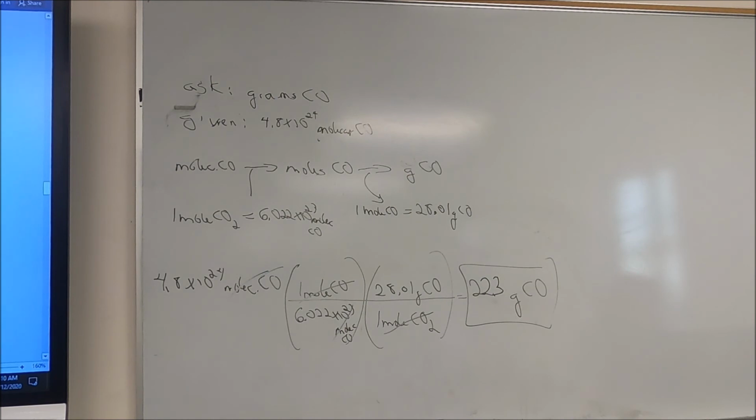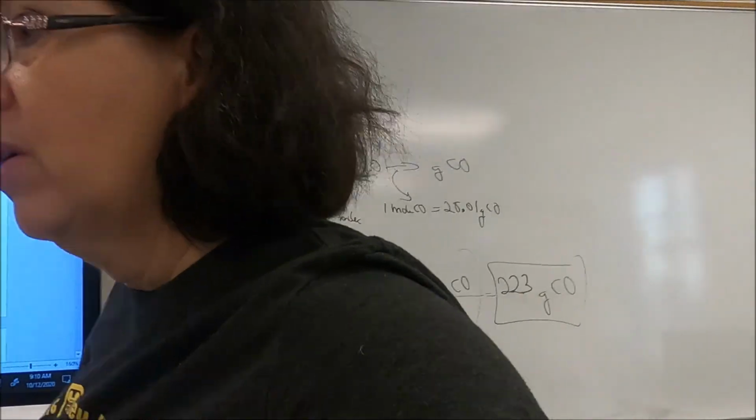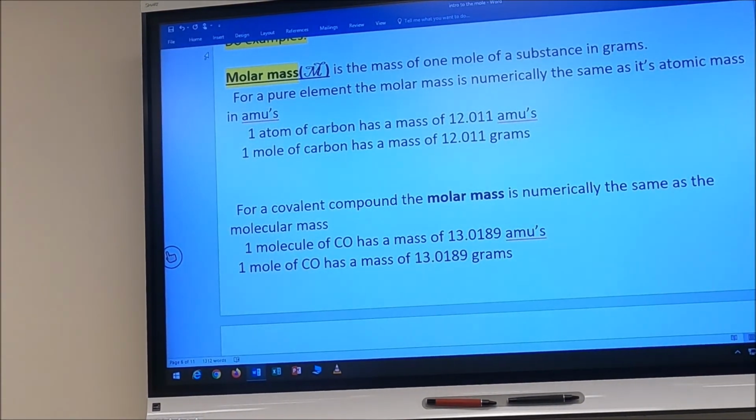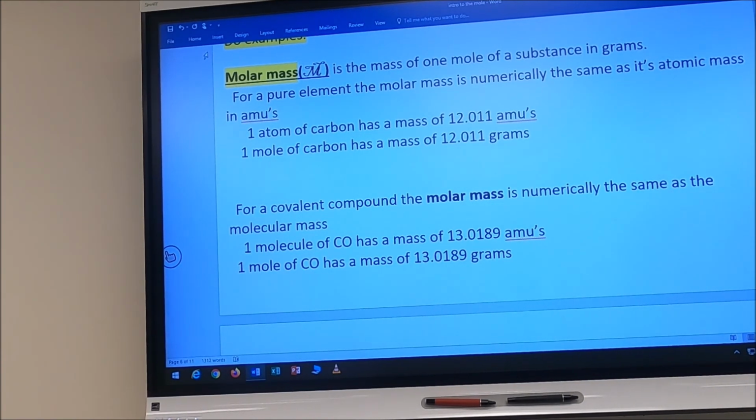Now guys, doing that, realize that I made a typo in my notes. So I'm going to go back and fix this typo in my notes, and I want you to see where I fixed it. When I got the molar mass for carbon monoxide, I mistyped it.